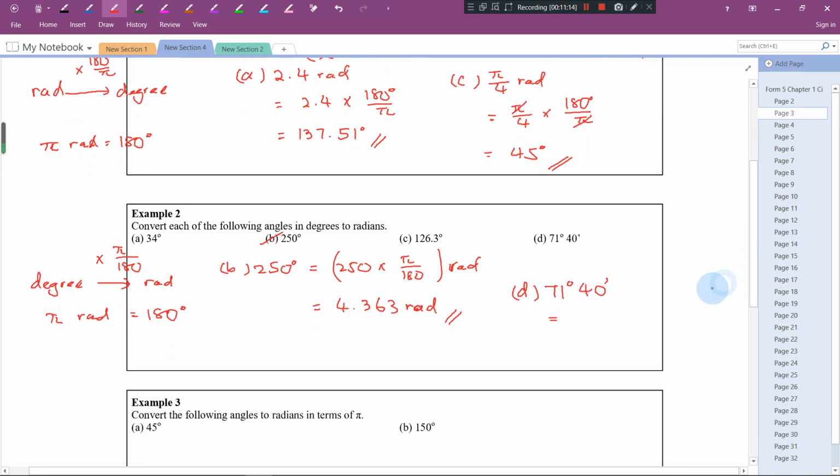So if you don't want to use a calculator, you can do it this way. So this 71 degree, we just copy 71 degree plus, I change it to become degree, so I have to divide it by 60. Okay, so this is actually 71 and 2 over 3.